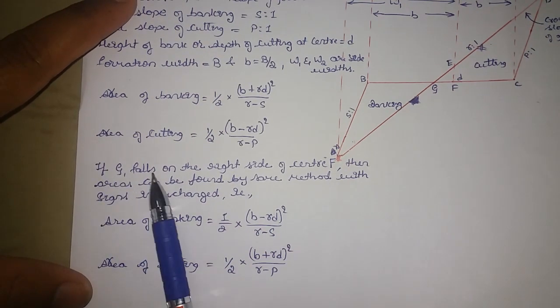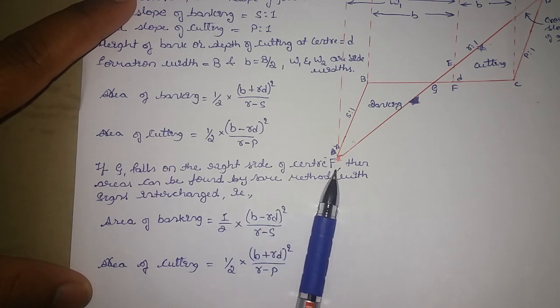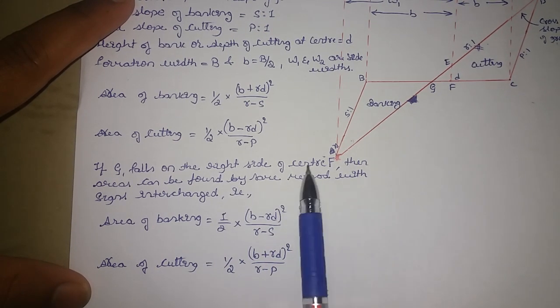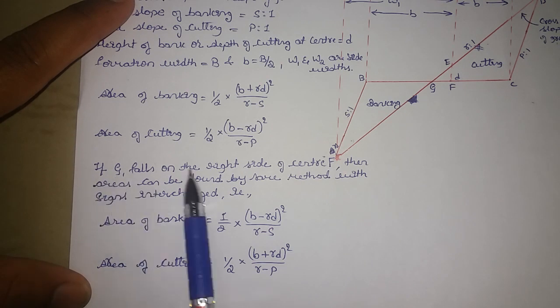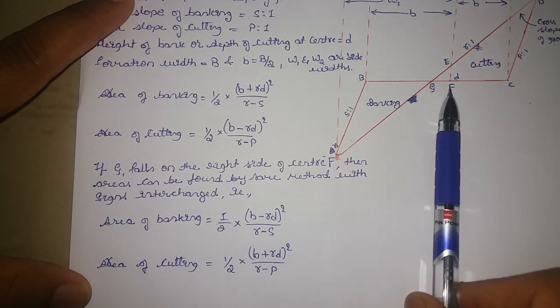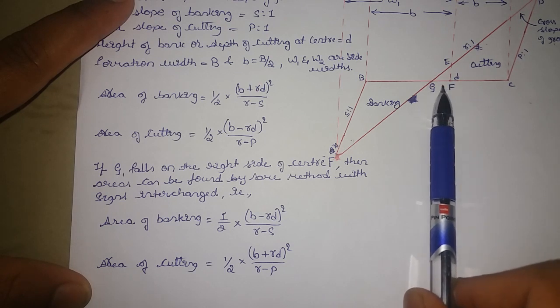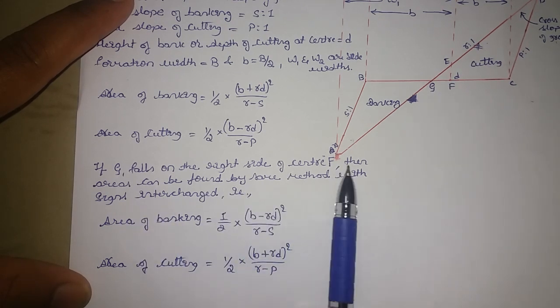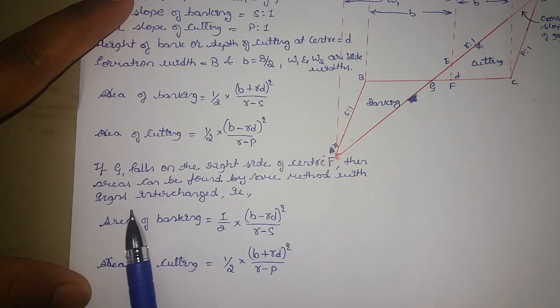If G falls on the right side of the center F, see here, right side of the center F, then the area can be found by the same method with the signs interchanged.